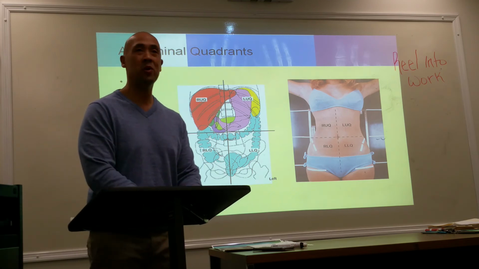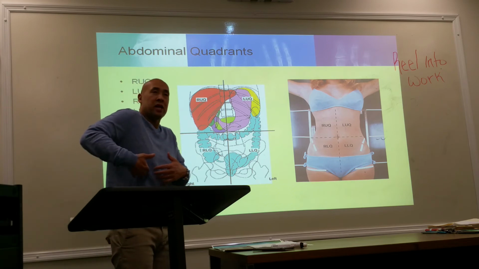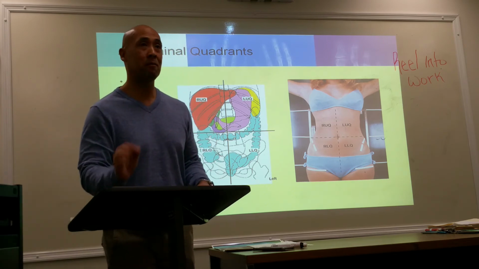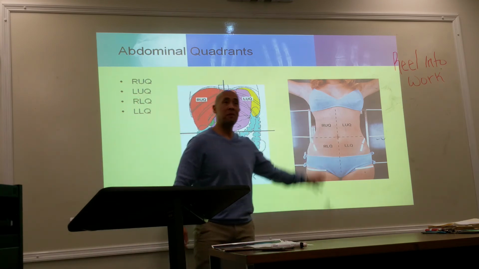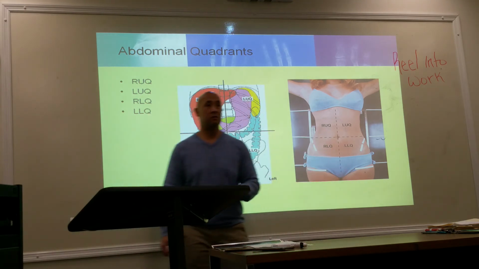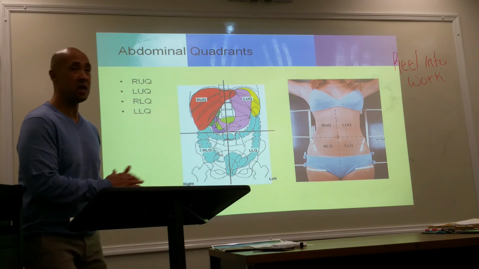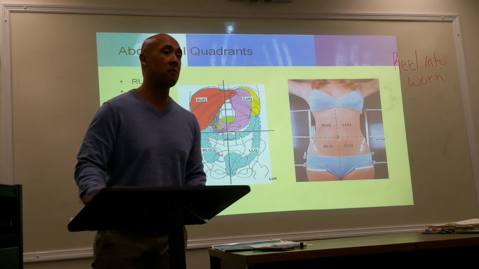Can you point to it? So to help the doctors out, if they say I hurt here, you would write on your requisition or history, patient is complaining of pain in the right upper quadrant. Patient is complaining of pain in the left lower quadrant. So that's generally how we describe the location of pain or the area of interest when we are writing our patient history.